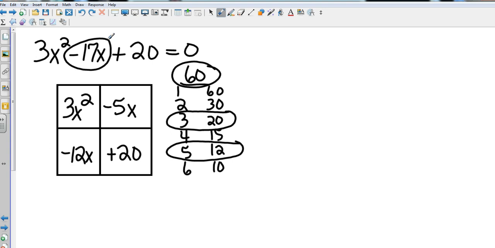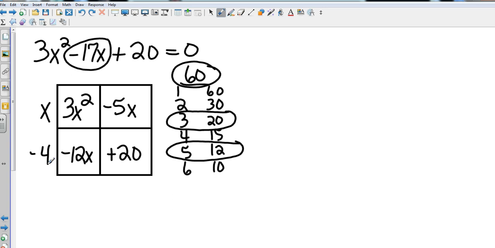Let's look horizontally. I've got 3x squared and negative 5x, so my greatest common factor is going to be x. I have negative 12x plus 20, so my greatest common factor is going to be a negative 4. Now I go up to the top and go vertical.